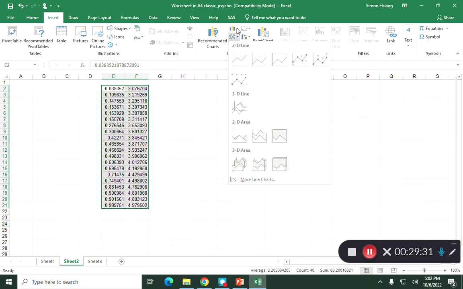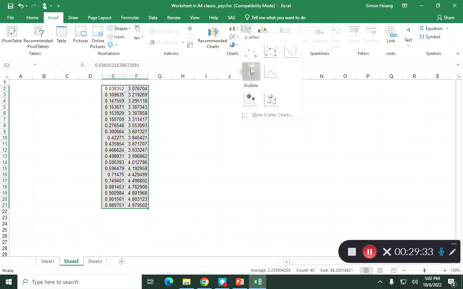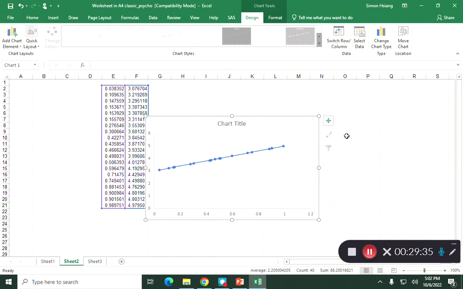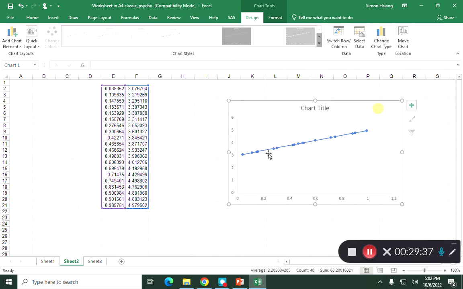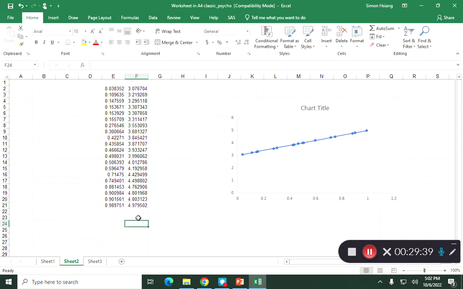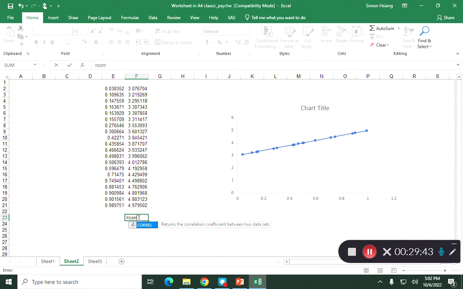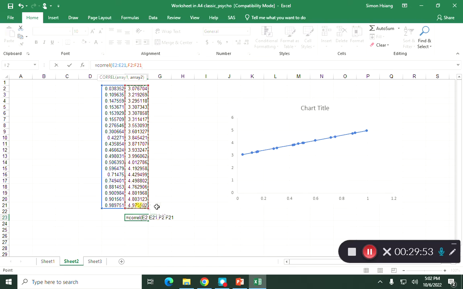Yeah, it should be a perfect straight line. And if you have a perfect straight line, the correlation coefficient between these two is going to be 1.